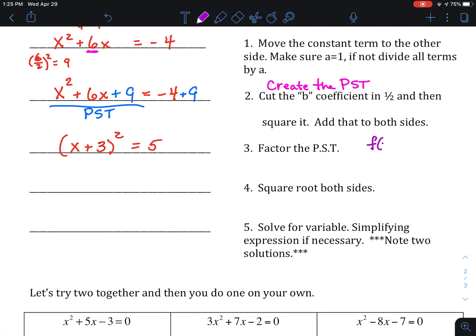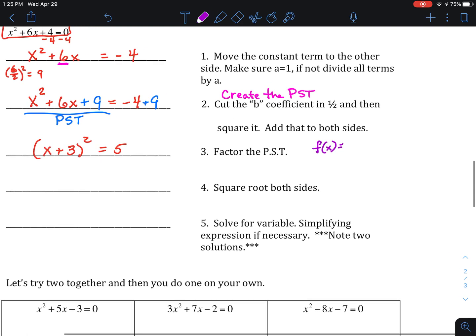Do you remember when we talked about the expanded form of a parent function, especially the quadratic? It looked like this: a(x - h)² + k. And we talked about how when we transform quadratic functions, the h and the k are horizontal and vertical translations, and the coordinates of the vertex.